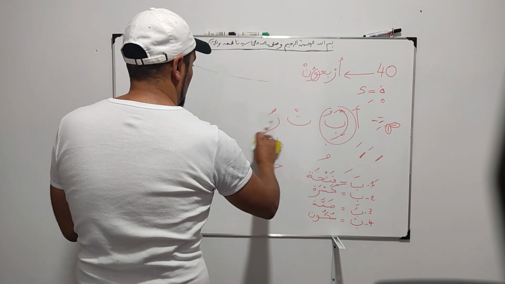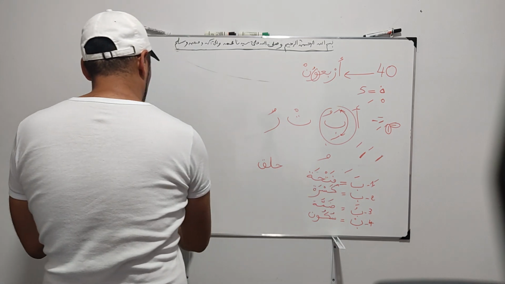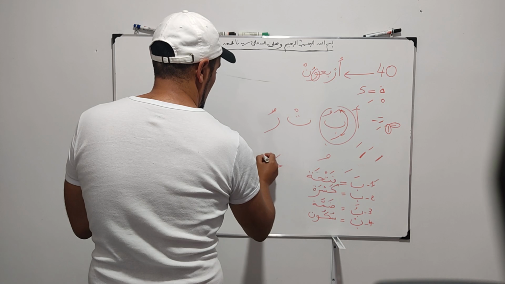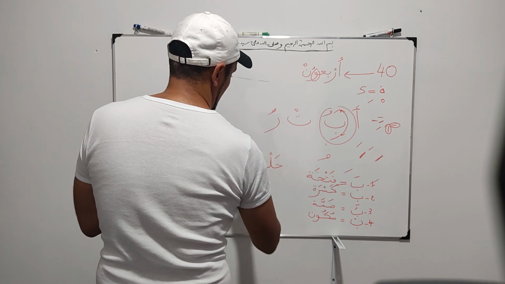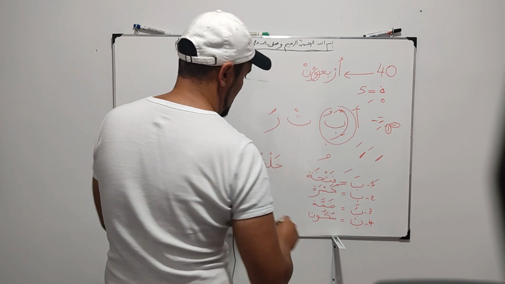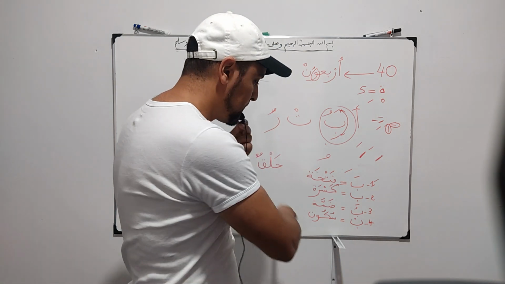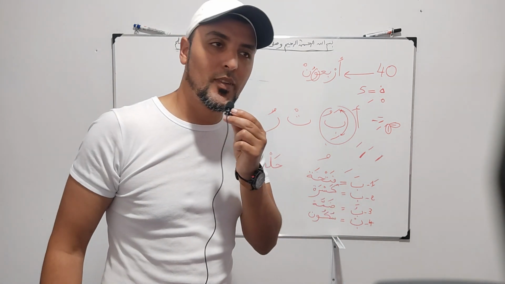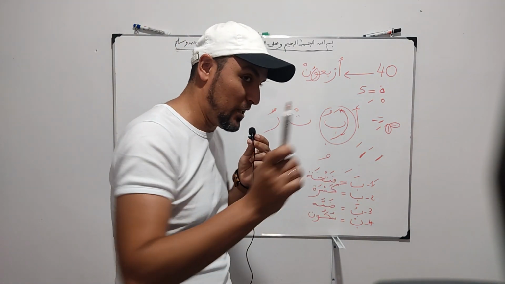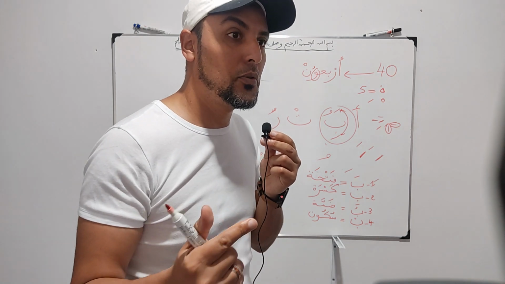Let's try this, okay? Can you tell me what this is? I mean, spell it before I spell it. You do? 1, 2, 3.